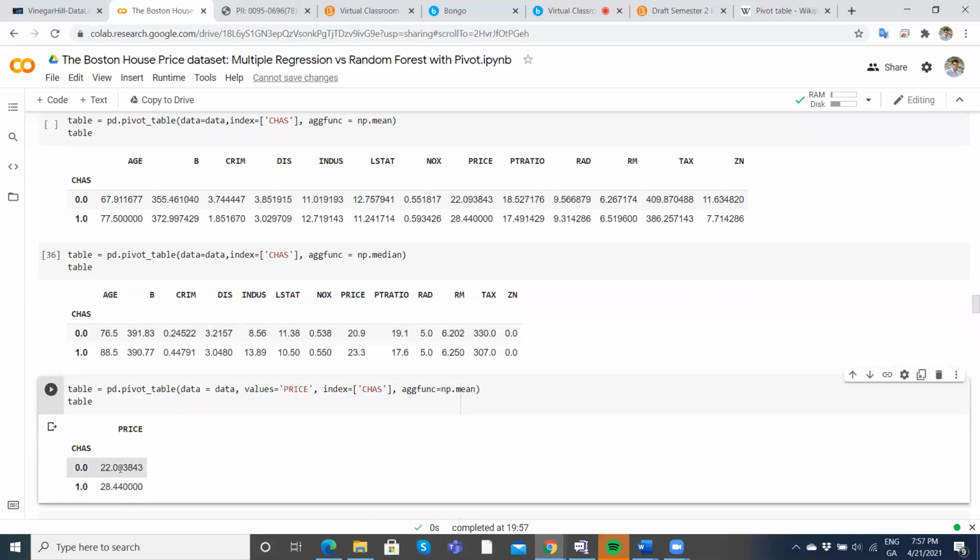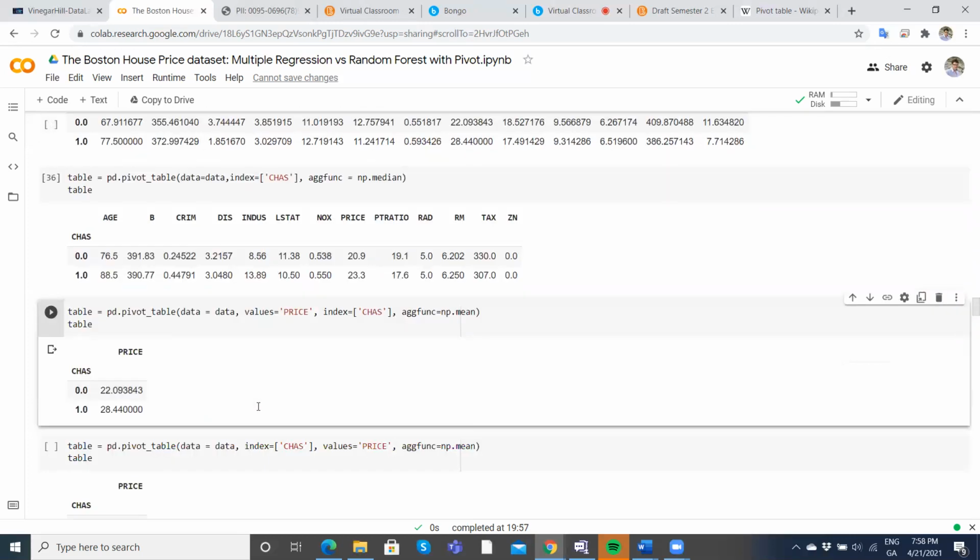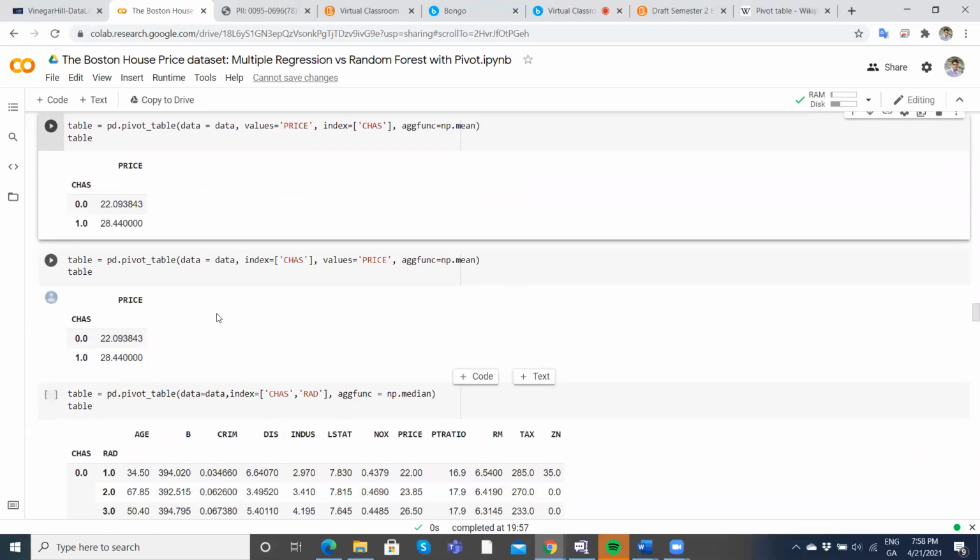And you can see the value, 22.09 and 28.44. So the idea of the pivot table is you have this massive data set or large spreadsheet, and you can summarize it with a smaller table by introducing categories.